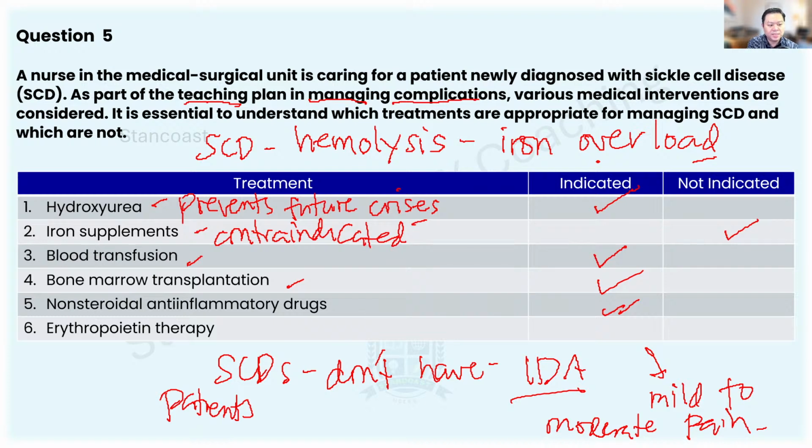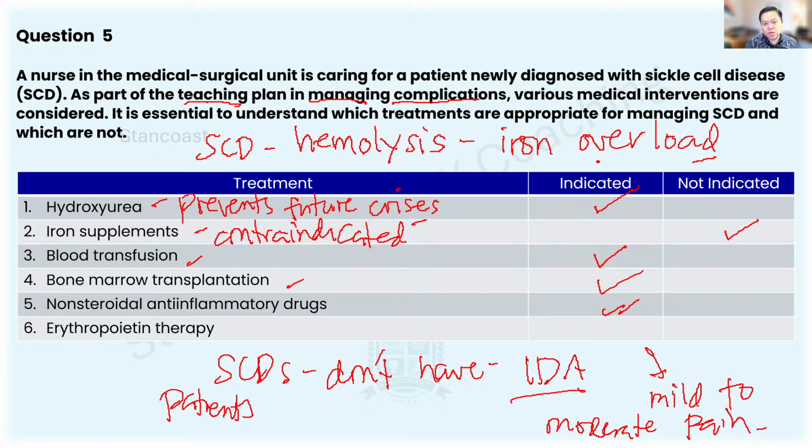What about erythropoietin therapy? What is this? Erythropoietin therapy. It is not going to be indicated, guys, because the erythropoietin therapy does not address the pathology of the sickle cell disease. It doesn't.